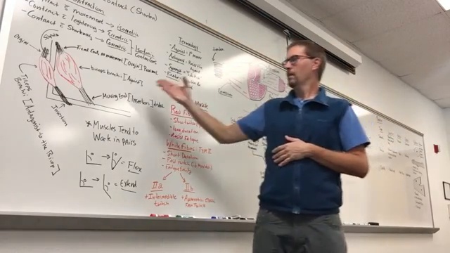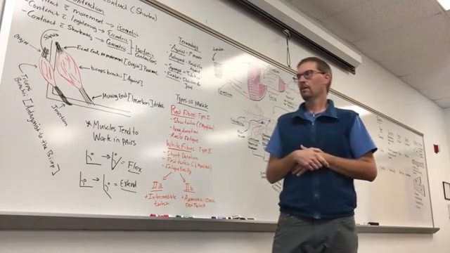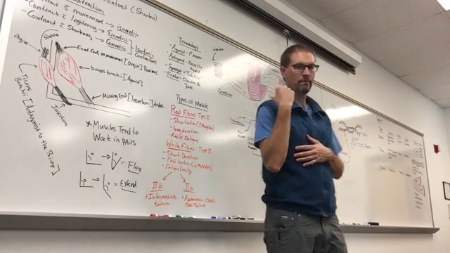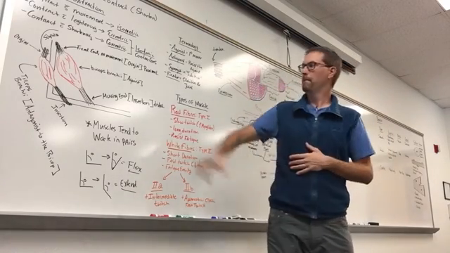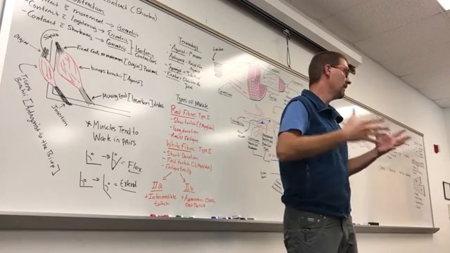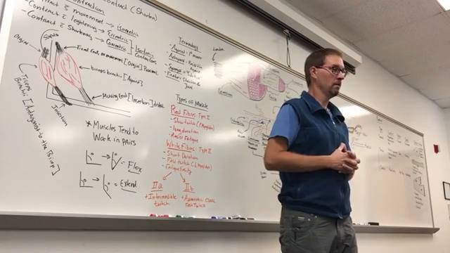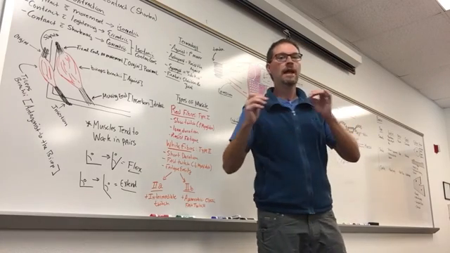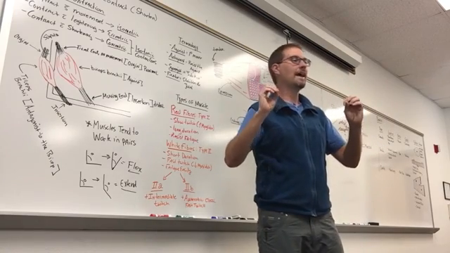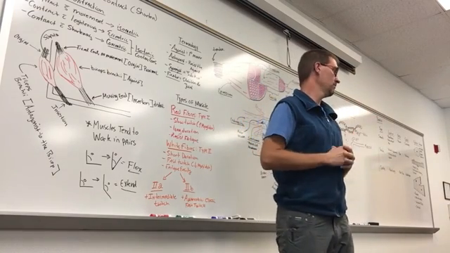So the agonist, the prime mover of that, is the biceps brachii. Does that make sense why we call it the agonist for that kind of motion? You guys cool with that? Now, there are two other terms that can be an absolute headache.